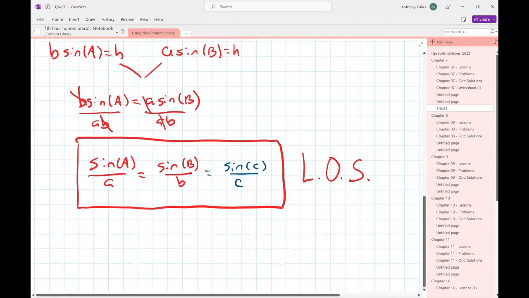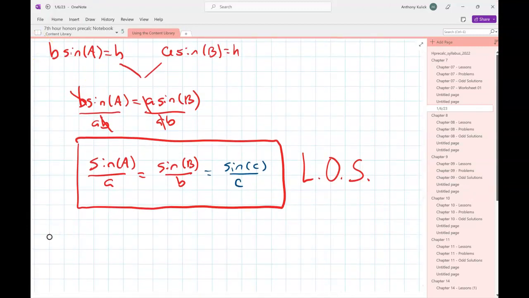All right, so let's look at a couple of examples here using the law of sines to solve a non-right triangle.